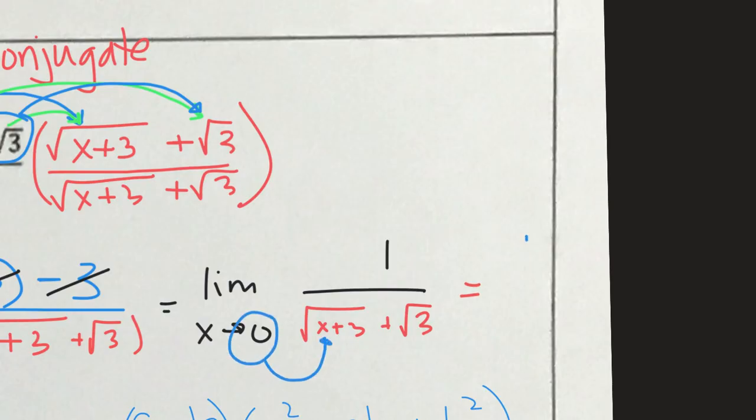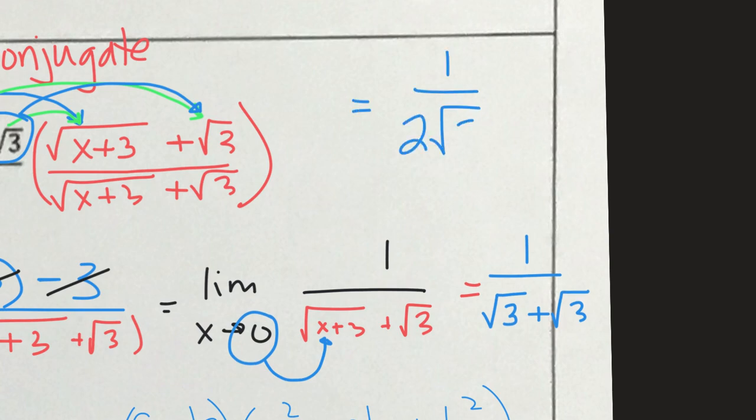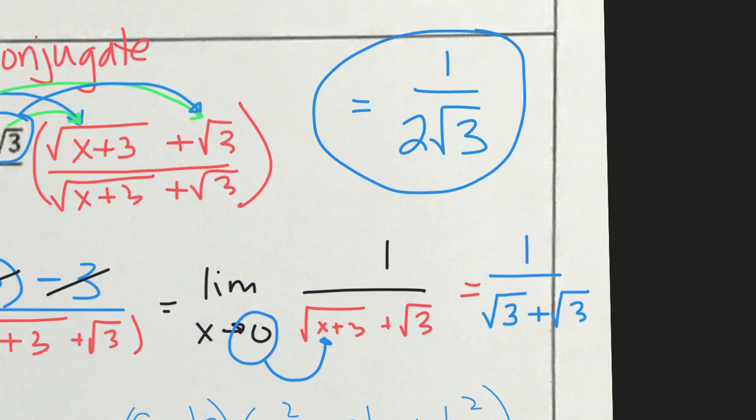And I get 1 over 0 plus 3, which is root 3, plus another root 3. So how many root 3's is that? 2 root 3's. So 1 over 2 root 3's is going to be your final answer for this limit problem. And let's see, is that an option somewhere on here?